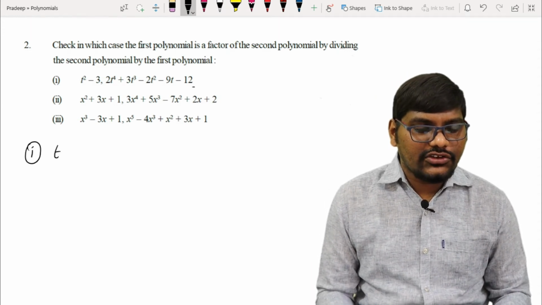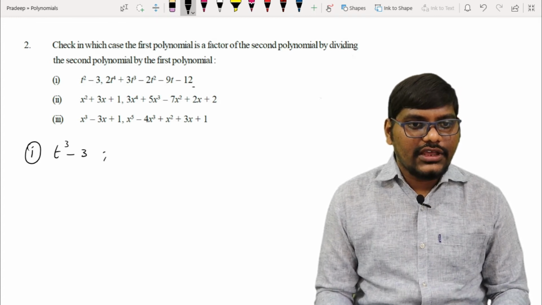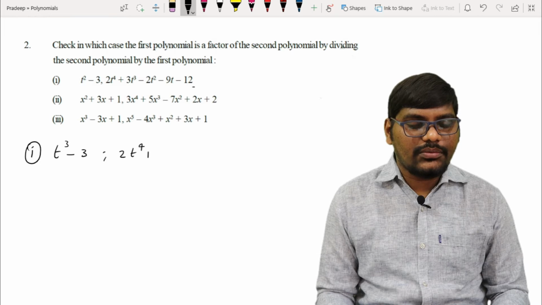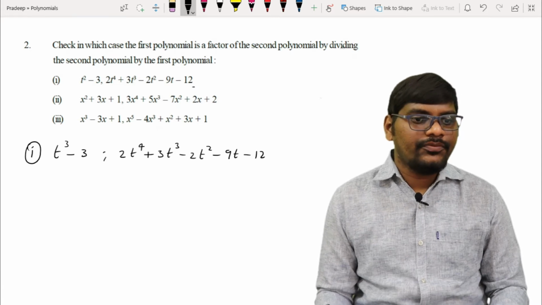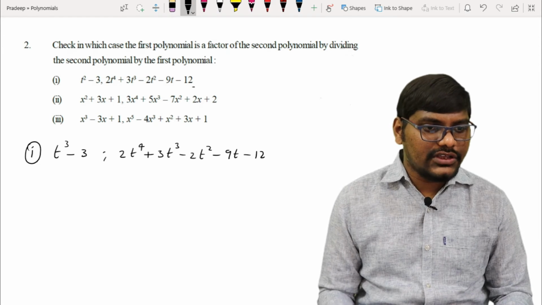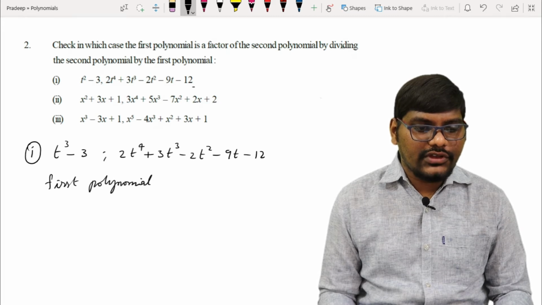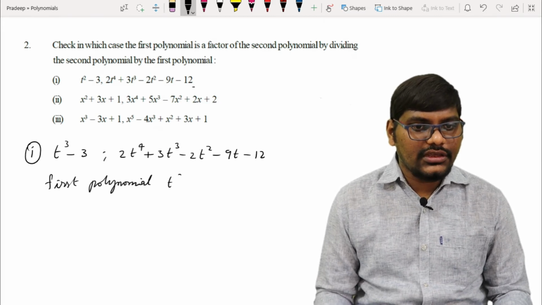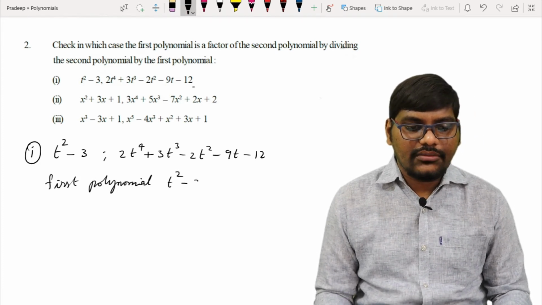The question here, you could see t power 3 minus 3. The next one is 2t power 4 plus 3t cube minus 2t square minus 9t minus 12. Okay, so this is the question. The very first polynomial, what they have given, is t, it is not cube, it is t square minus 3.